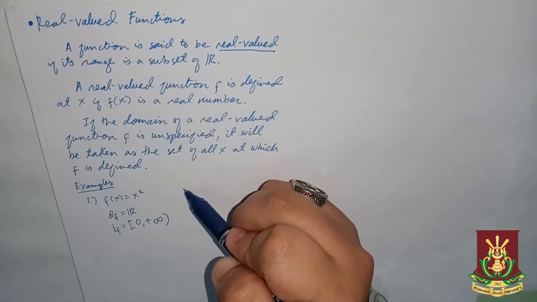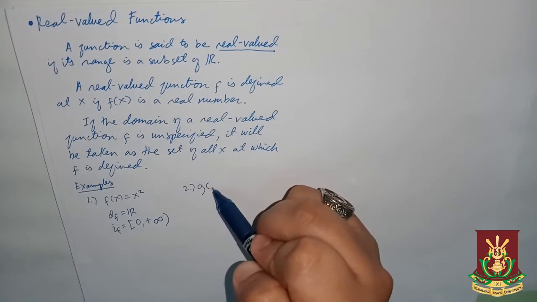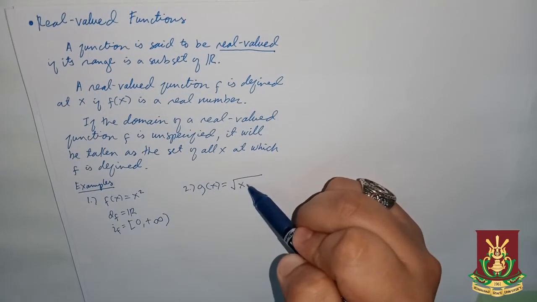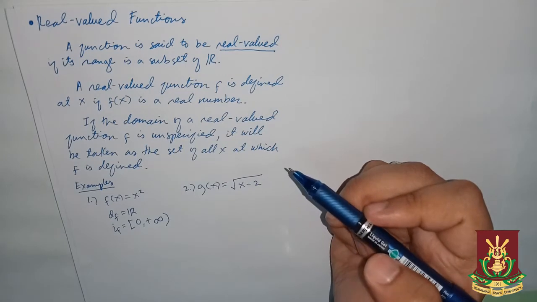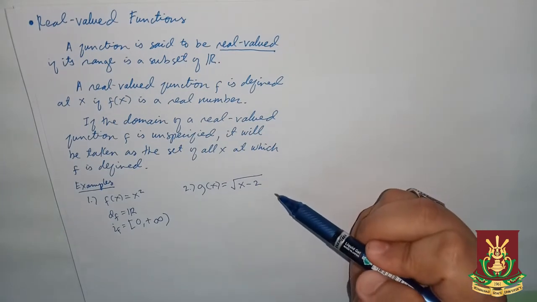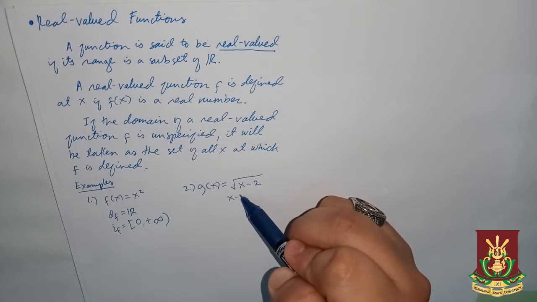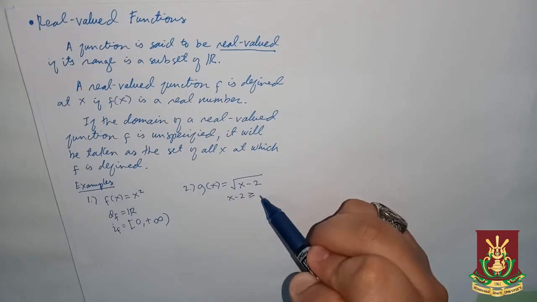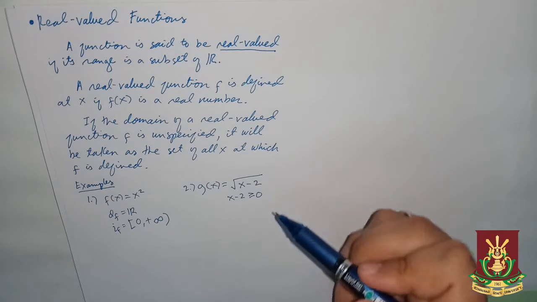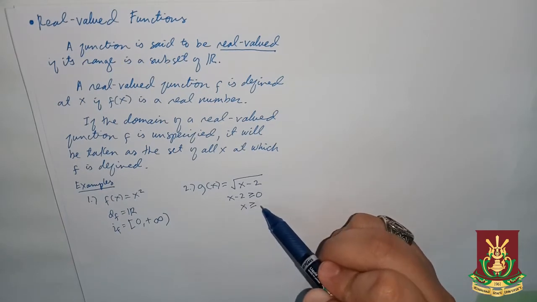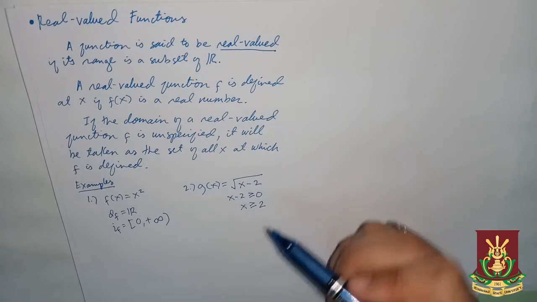Let us now take a look at the function g of x equals the square root of x minus 2. For this function to be real-valued, the radicand x minus 2 should be non-negative. This is equivalent to saying that x should be greater than or equal to 2.